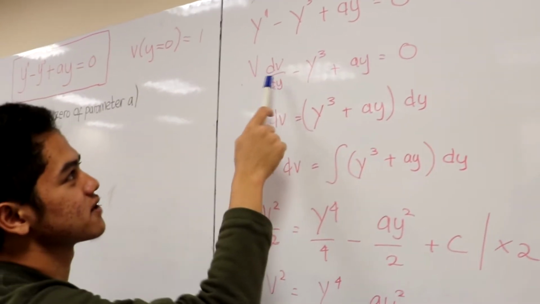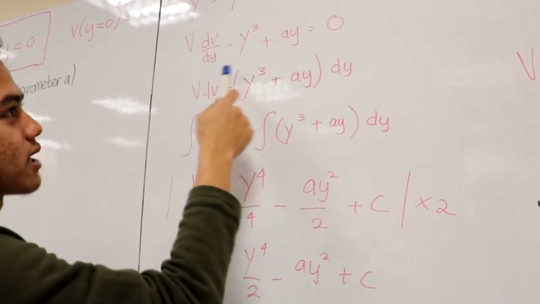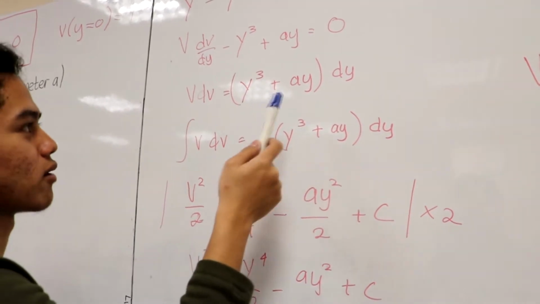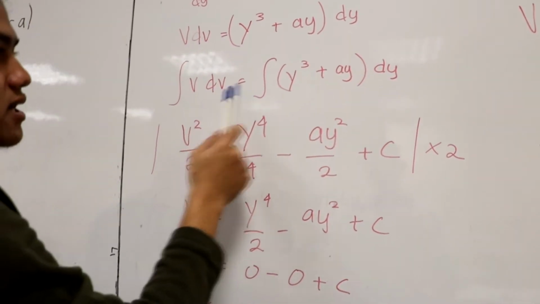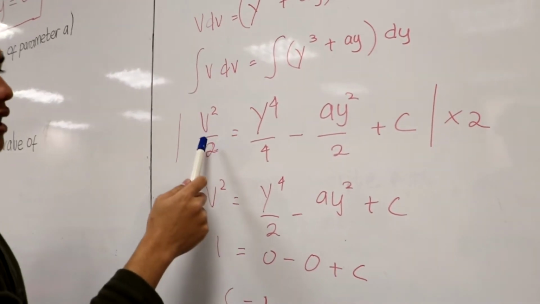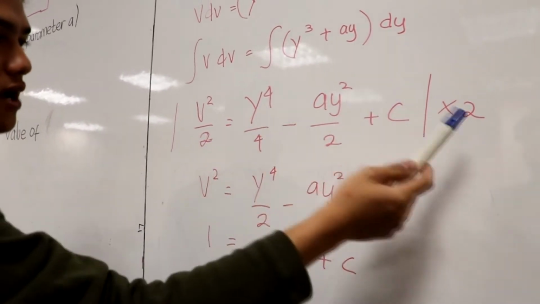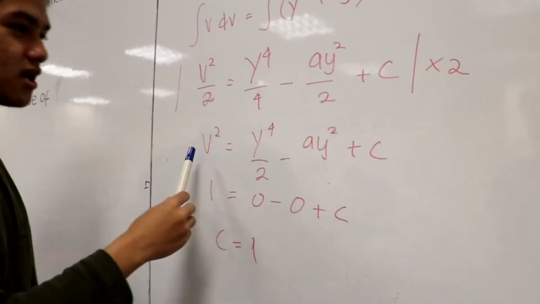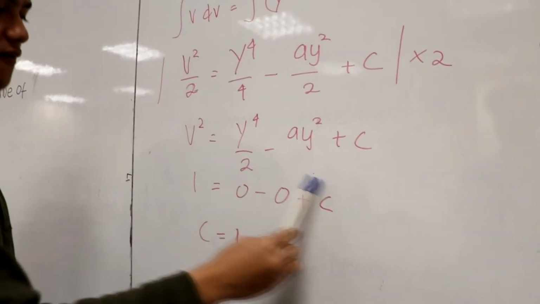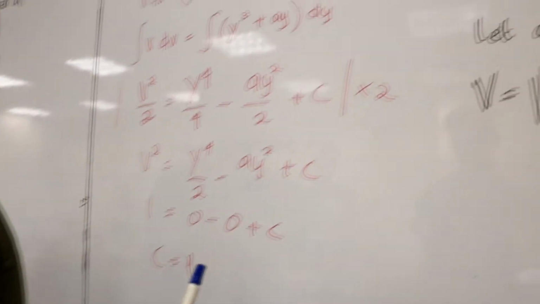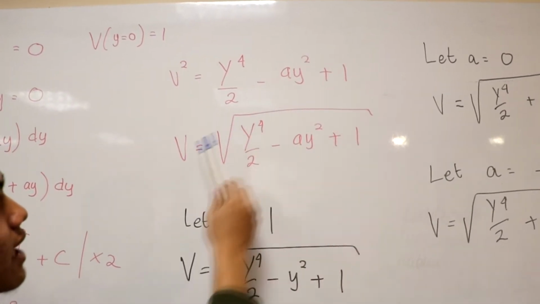So here we set v dv over dy minus y to the power of 3 plus ay equal to 0, and then we put this dy to the right side together with y to the power of 3 and ay, and then we integrate this part and this part, which comes from the dv and dy, and we found another equation, v to the power of 2 over 2 equal to this one, and we should change this to this form, so we decided to multiply by 2, and we found that c equal to 1, and we replace the c with 1.